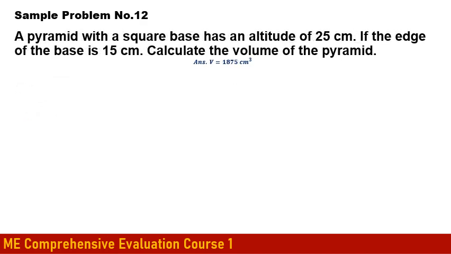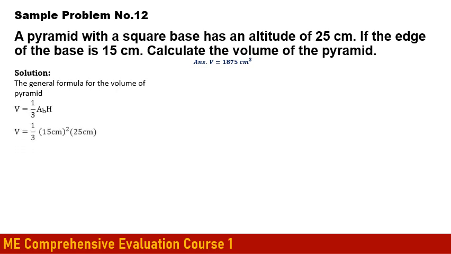Sample problem number 12. A pyramid with a square base has an altitude of 25 centimeter. If the edge of the base is 15 centimeter, calculate the volume of the pyramid. The general formula for the volume of the pyramid is 1/3 area of the base times the height. For this square pyramid, the area of the base is the area of the square, which is a squared.